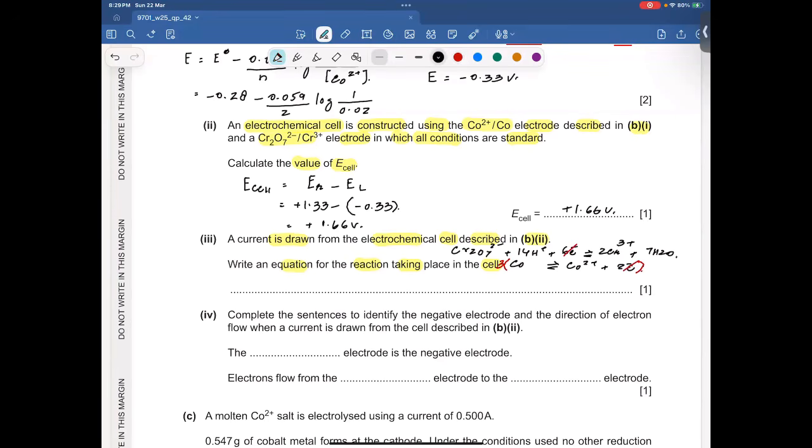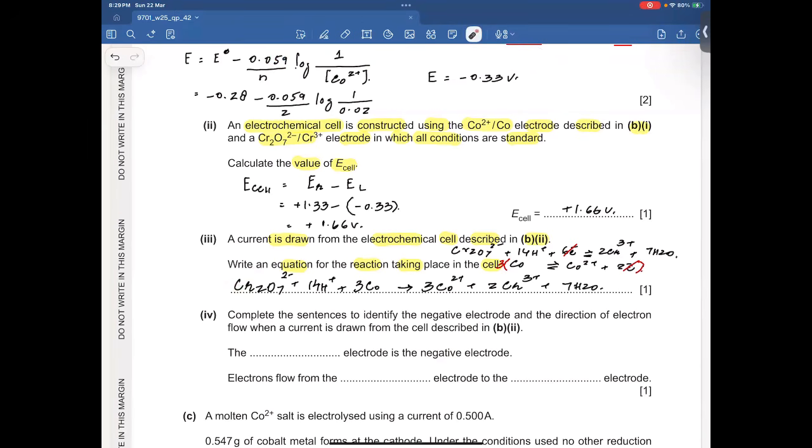Now I'm going to write the product side and the reactant side, which is going to be Cr2O7 2- plus 14 H+ plus 3 moles of cobalt, 3 moles of cobalt 2+ ions plus Cr3+ as it is and plus 7H2O. So that's the equation the examiner was looking for. I hope it makes sense to you.